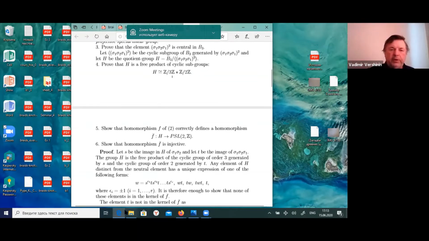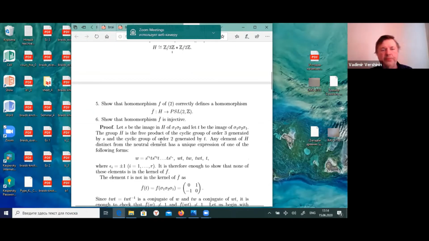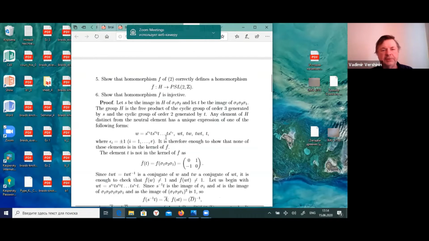So if we make the quotient of the special linear group by its center, and on the other hand the braid group quotient by its center, then these two objects become isomorphic, and actually more or less the same.